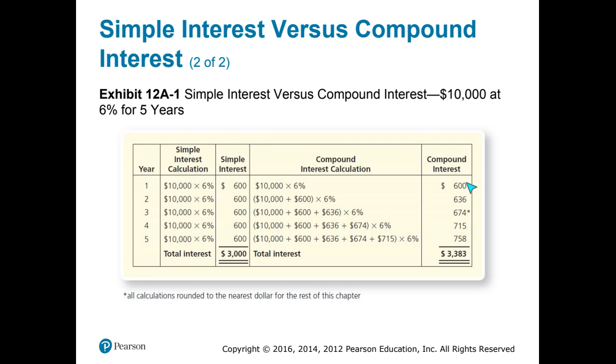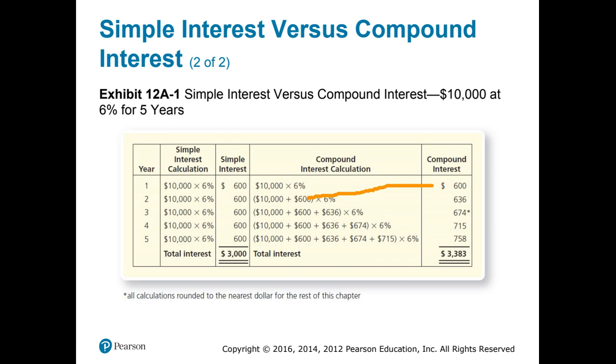Then the next year rolls around. So we're going to take the 10,000 plus the 600 times 6%. And that gives us 636.